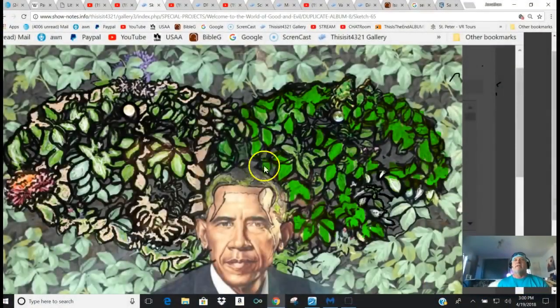So here we go. As Obama's presidential portrait, the cumulative sum of the whole image is a snake with its tongue sticking out and fangs, but it's half one thing and half something else. Half of it's a sheep right here. There's the sheep. There's the eye. There's the nose.